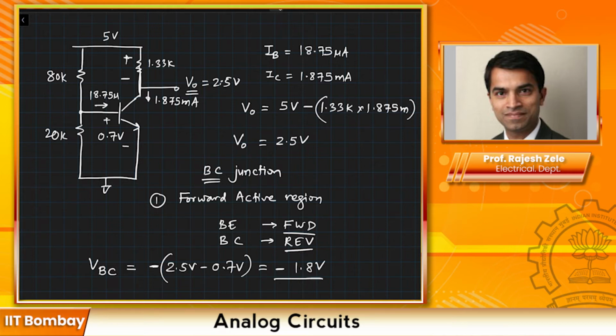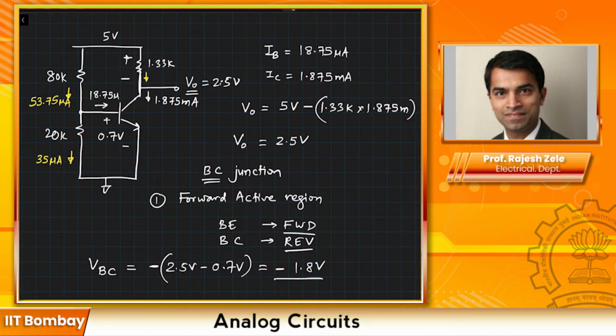Let's now put out the DC operating point with all the numbers here. The current through 20K is going to be 0.7 volts divided by 20K. That would be 35 microamps. The current through 80K will be the total current, 35 plus 18.75 microamps, which is equal to 53.75 microamps.